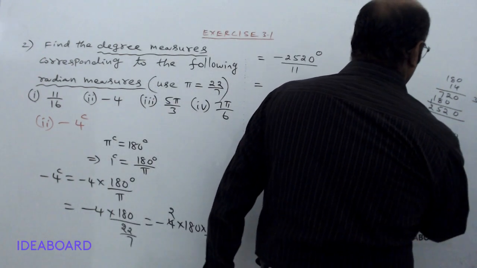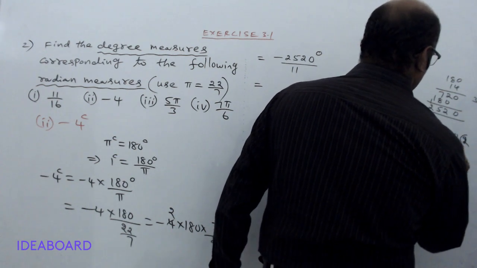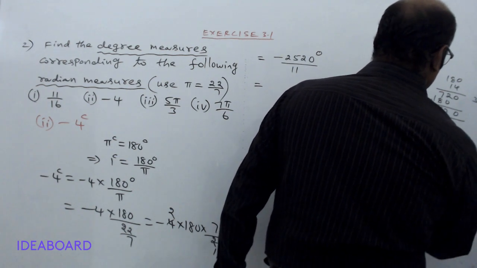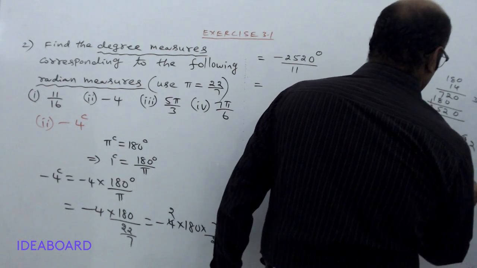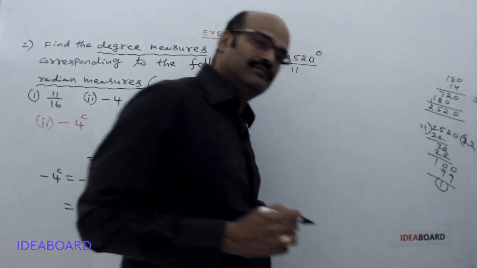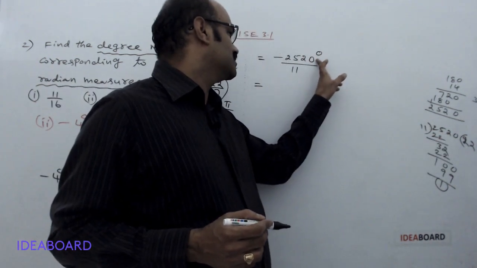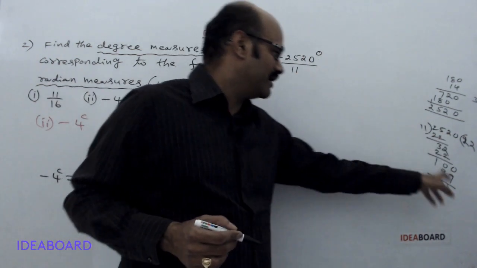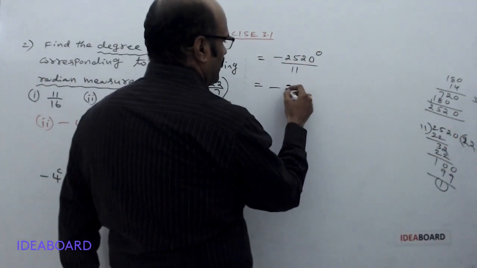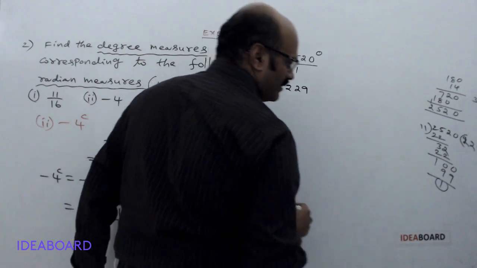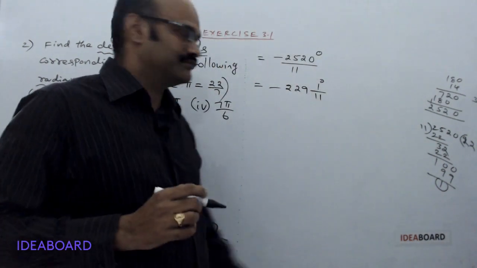2520 divided by 11. 11 2s 22. 11 9s 99. So the remainder is 1. So 2520 by 11 degrees can be written as minus 229 1 by 11 degrees.